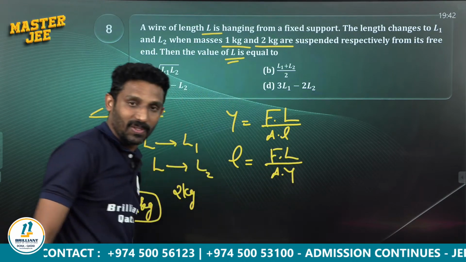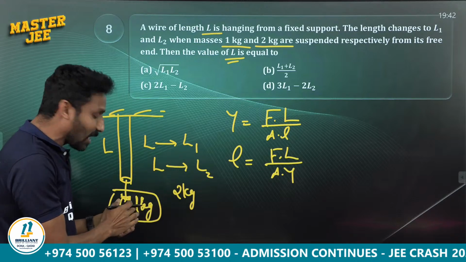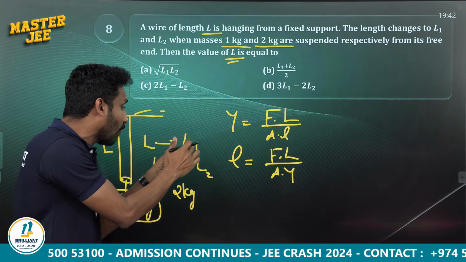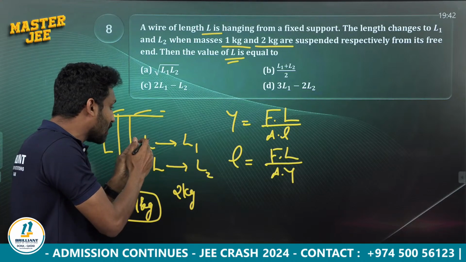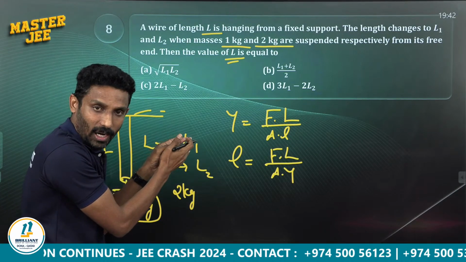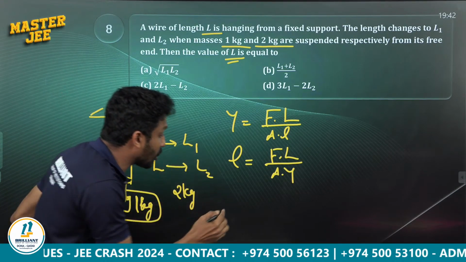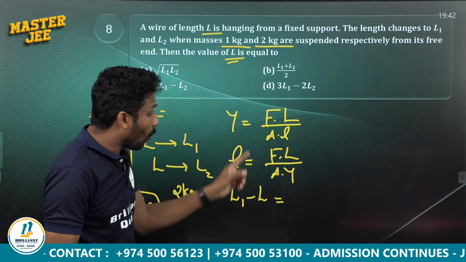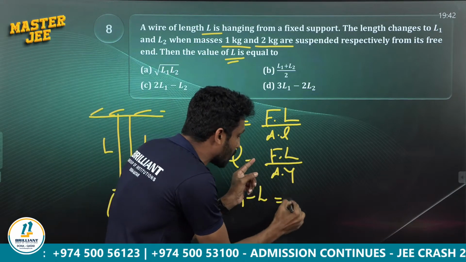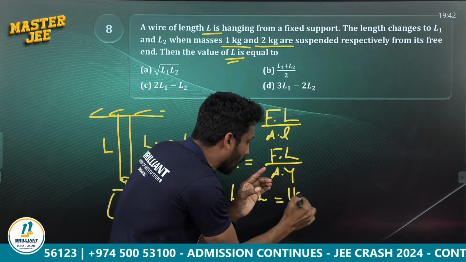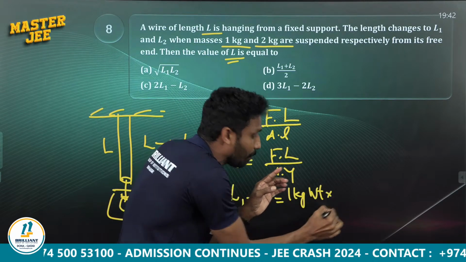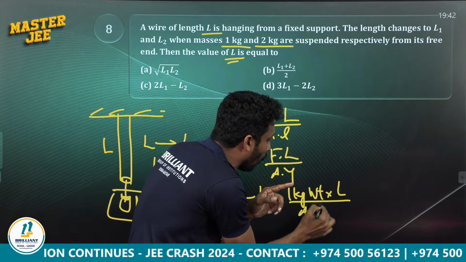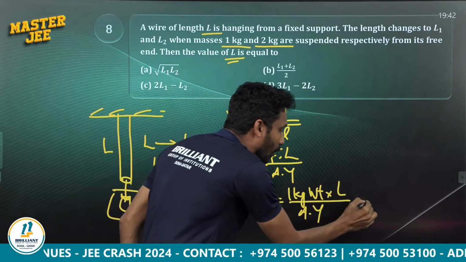In the first case, when 1 kilogram is suspended, the elongation will be L1 minus L, since the new length is L1 and the earlier length is L. So L1 minus L is equal to 1 kilogram weight into original length L divided by area into Young's modulus. This is equation number 1.